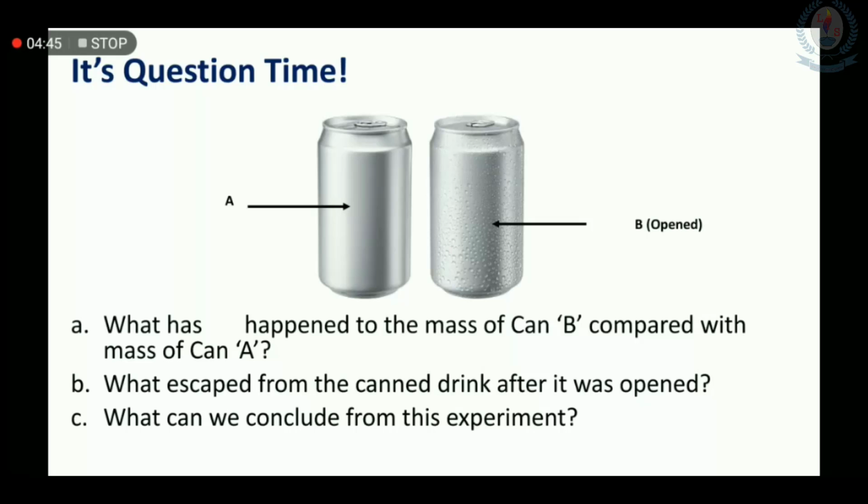Now what you got to remember is can B was opened for about 2 hours and only then we measured the mass of it. Okay, so now keep that in your mind and answer these 3 questions. For these 3 questions also I'll give you some time. We'll read the questions and we'll understand what they say.